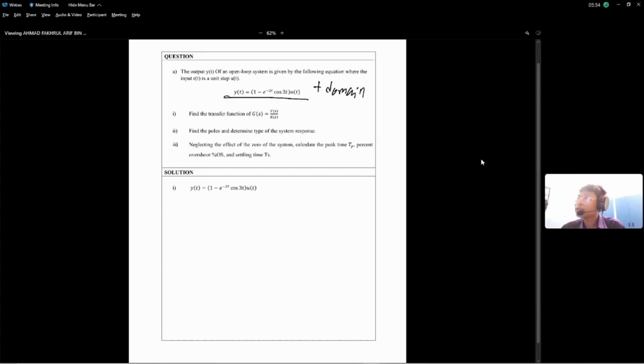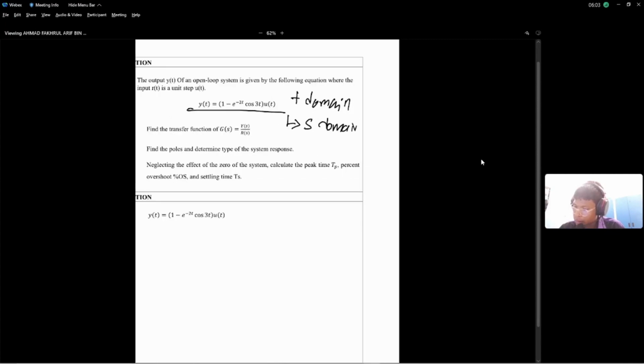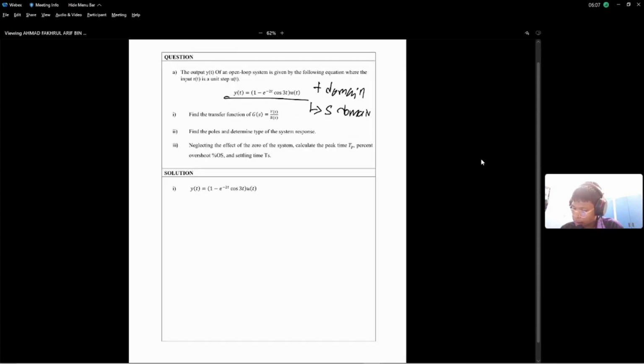From this t domain, we need to change to s domain to find poles and determine the type of the system response.